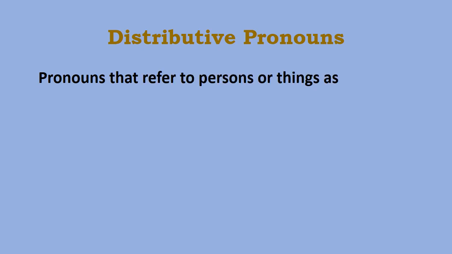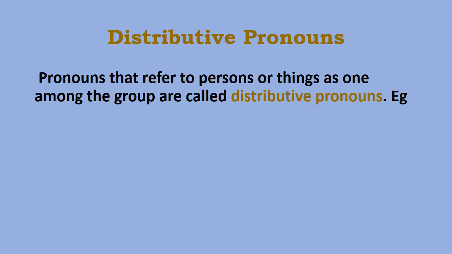We come to the next type, distributive pronouns. The name itself suggests something: it distributes. Pronouns that refer to persons or things as one among the group are called distributive pronouns, for example, each, either, neither, etc. So, what does a distributive pronoun do?